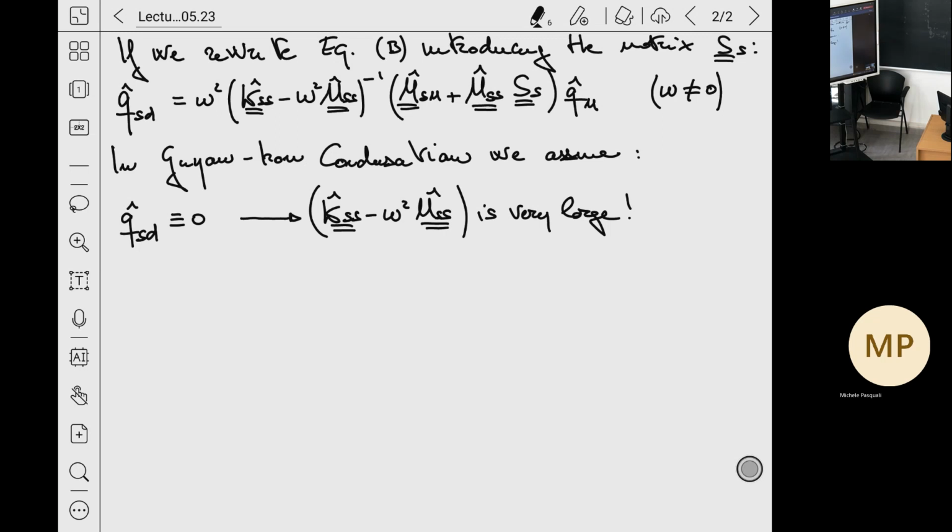But what I just reported between round brackets is the eigenproblem of the slave nodes.